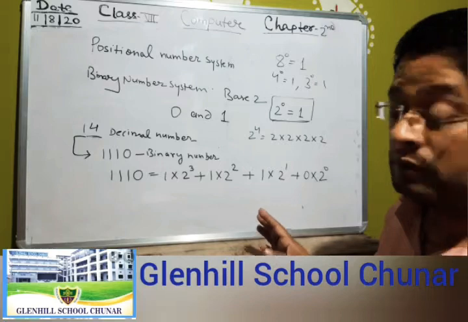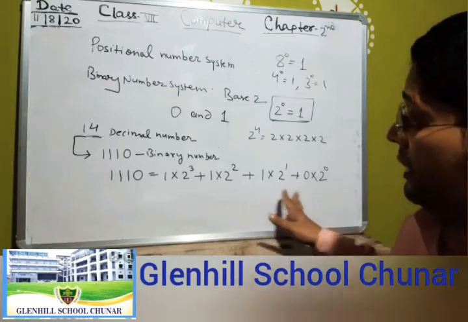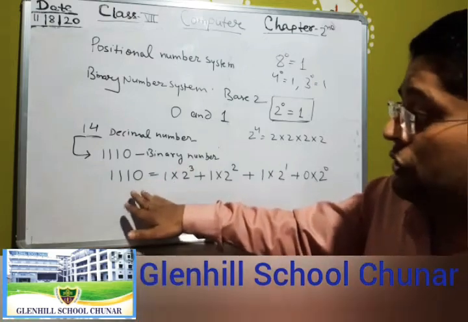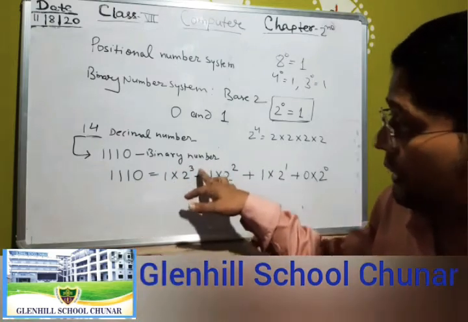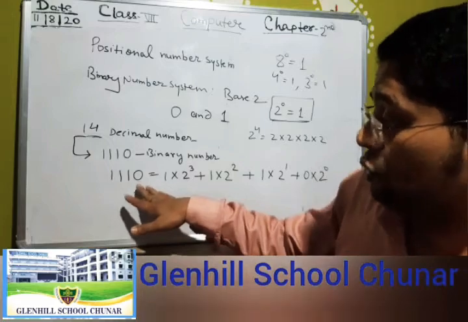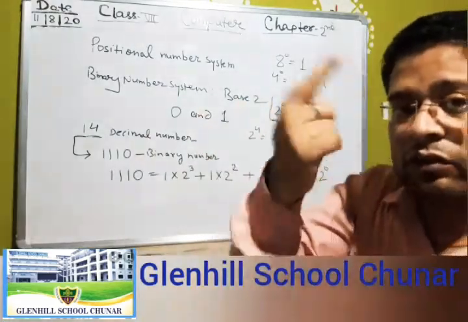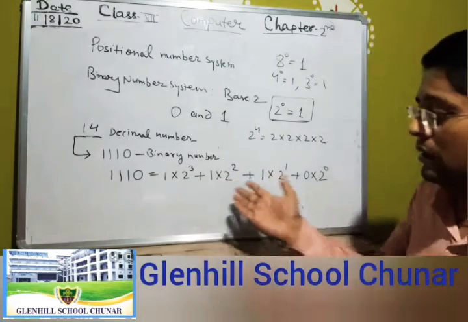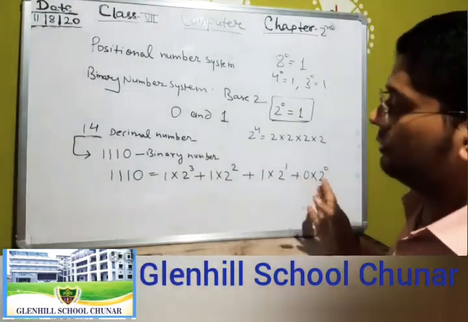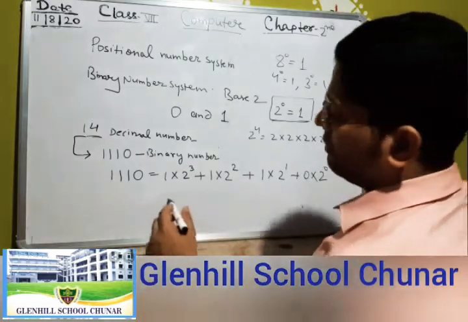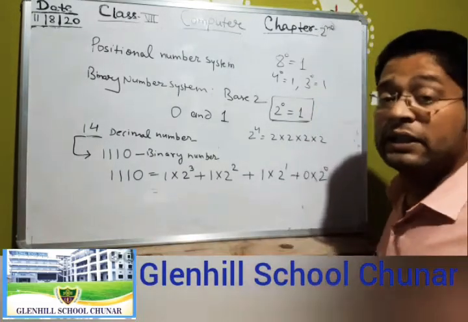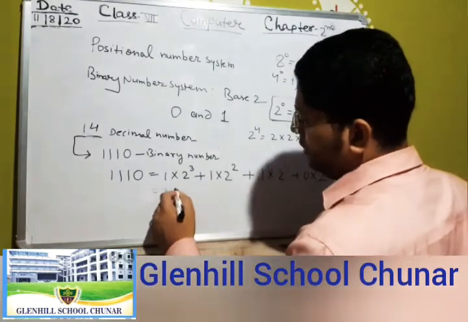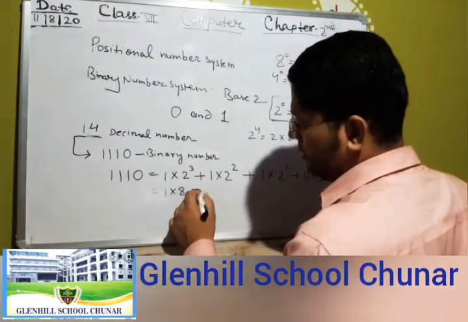Clear? How do we make that number? 1110 has a total of 4 digits, so less one. Okay, student? Yes. And make the power sequence: 2 power 3, 2 twos are 4, 4 twos are 8. So here 8.